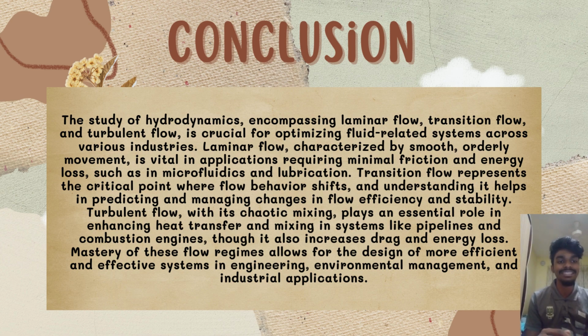Turbulent flow, with its chaotic mixing, plays an essential role in enhancing heat transfer and mixing in systems like pipelines and combustion engines, though it also increases drag and energy loss. Mastery of these flow regimes allows for the design of more efficient and effective systems in engineering, environmental management and industrial applications.